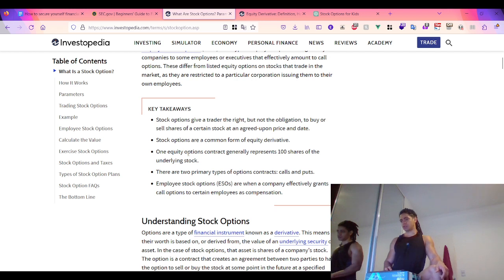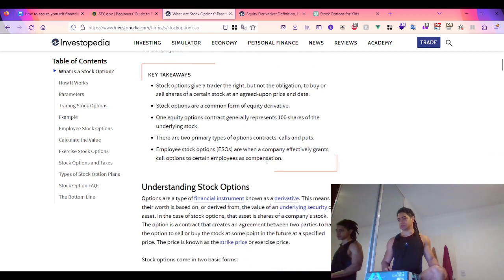One equity options contract generally represents 100 shares of the underlying stock. There are two primary types of options contracts: calls and puts. Employee stock options (ESOs) are when a company effectively grants call options to certain employees as compensation.